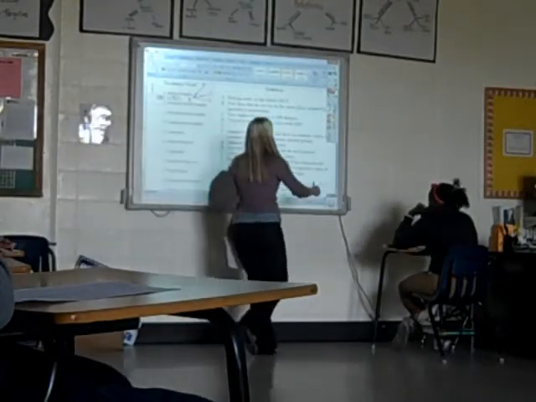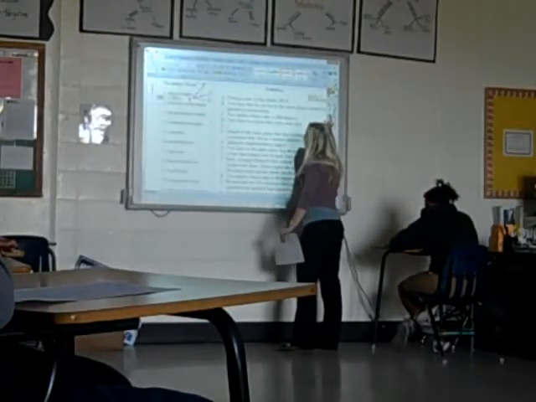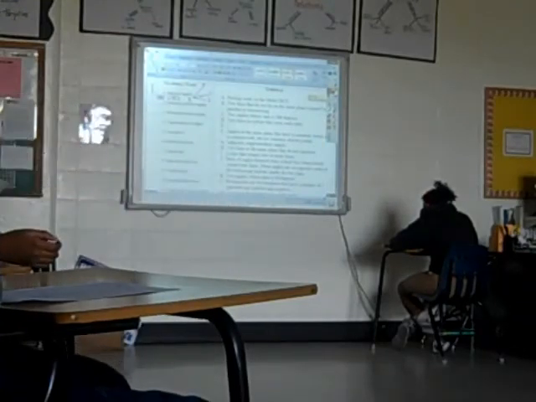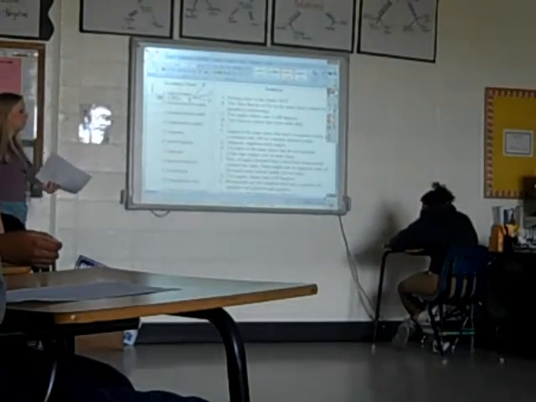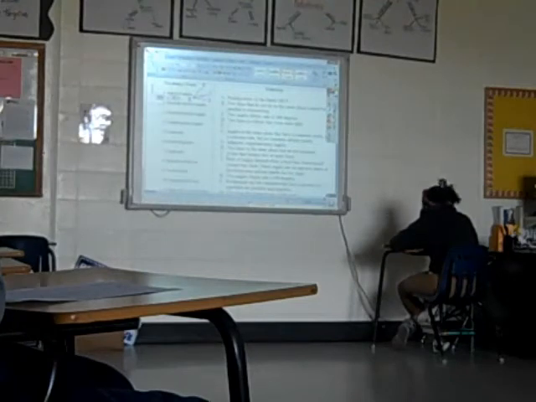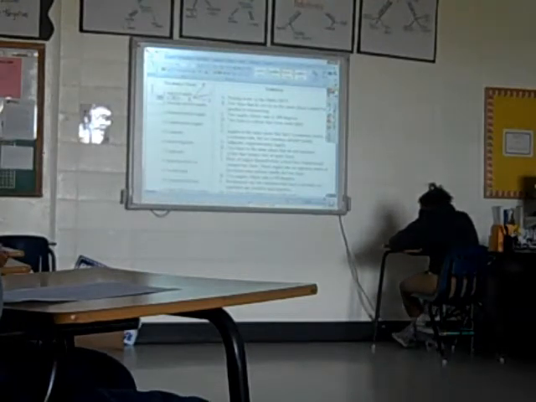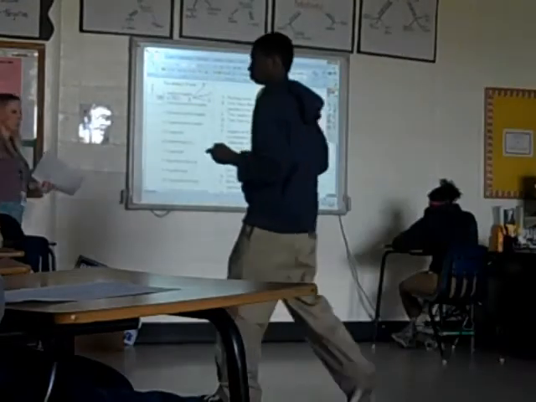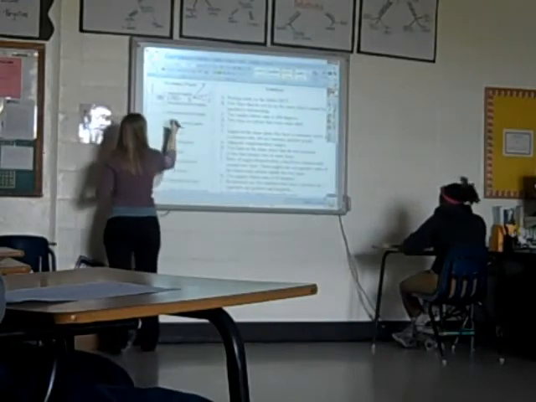Alternate exterior angles. Let's look at some key words. Alternate. What's another word for alternate? Different. You're thinking of an alternative. If I say alternate, I'm going to say opposite.